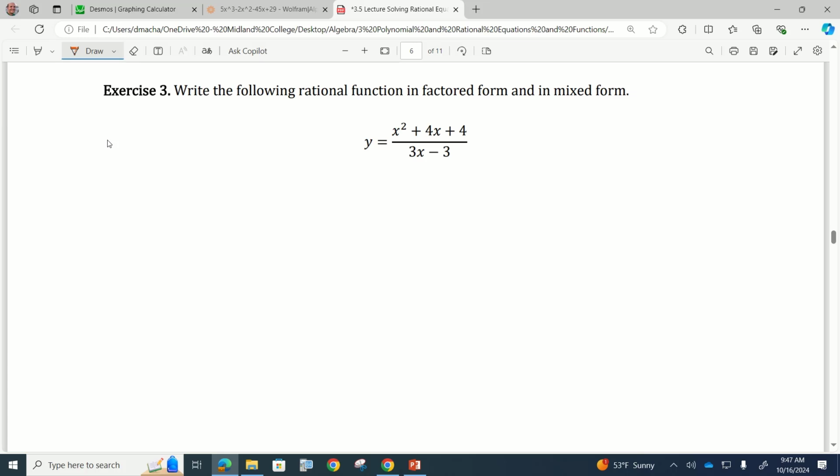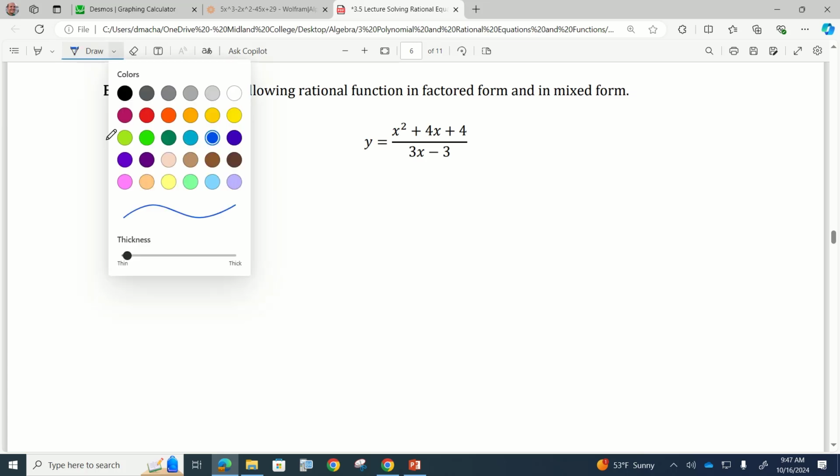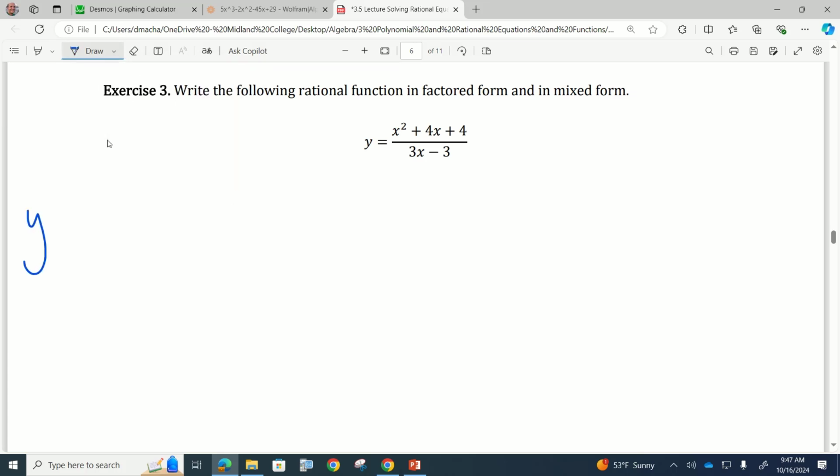This question says, write the following function in factored form and in mixed form. And this time, it's given to us in expanded form. To put it in factored form, I just need to factor the numerator and factor the denominator separately, which is good, because we've already done that as polynomials, right?